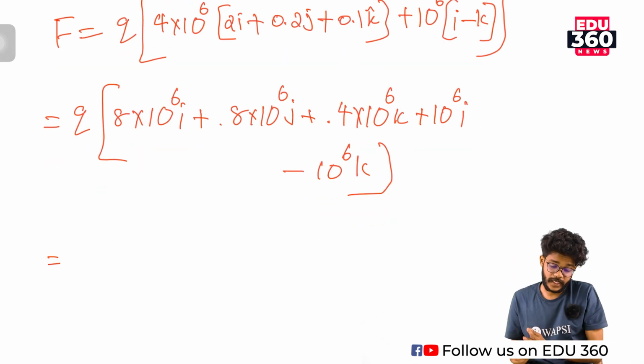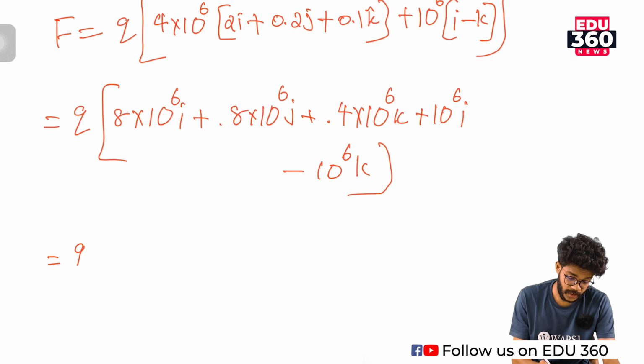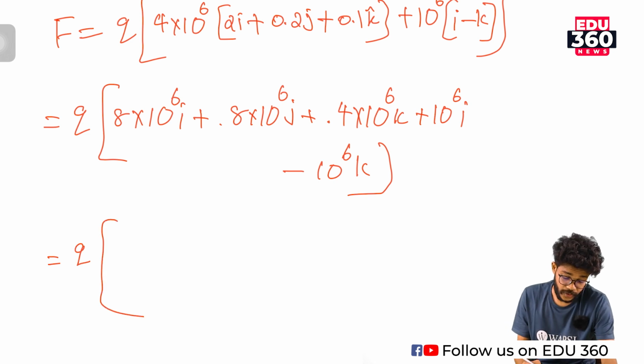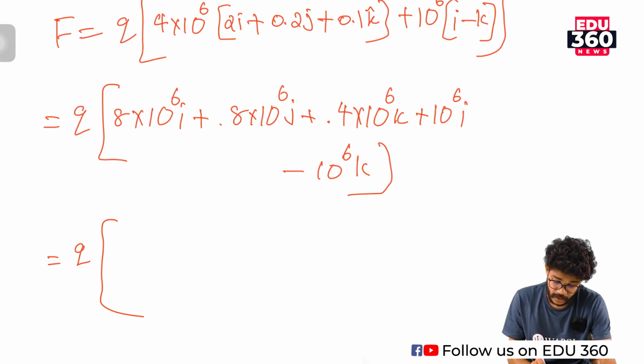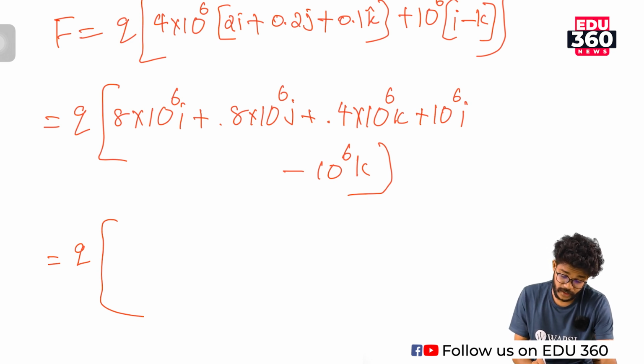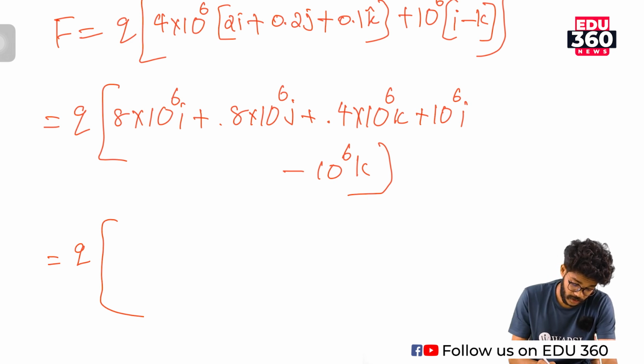Okay, so we can add these quantities, q into, which are the i quantities? We have two i quantities, 8 into 10 raised to 6 i and 10 raised to 6, so 9 into 10 raised to 6.